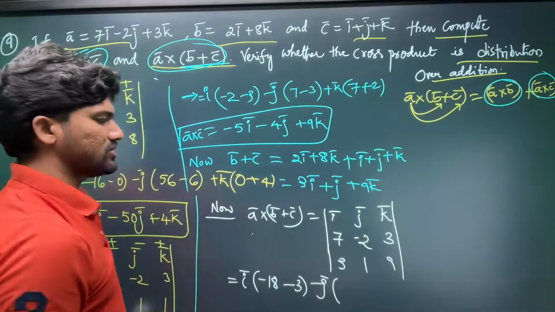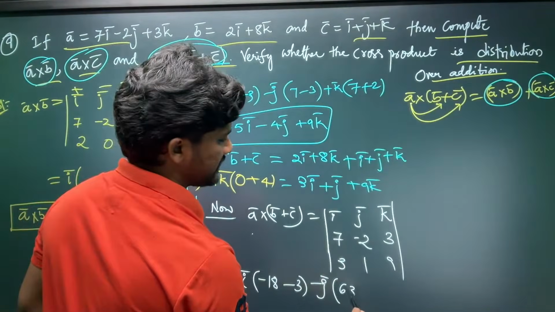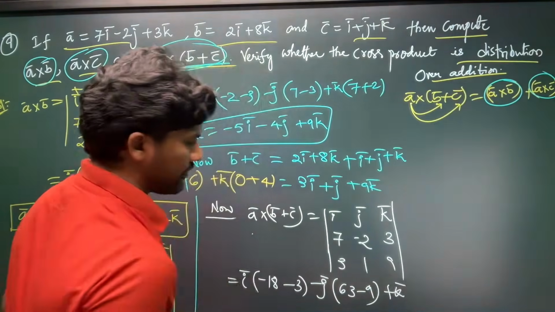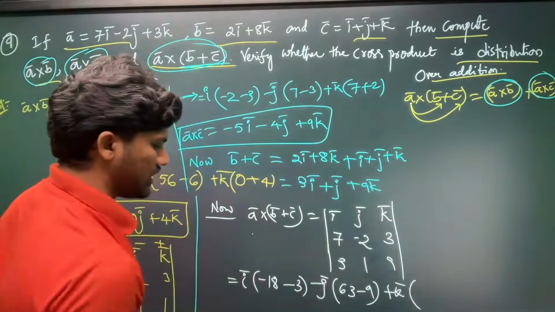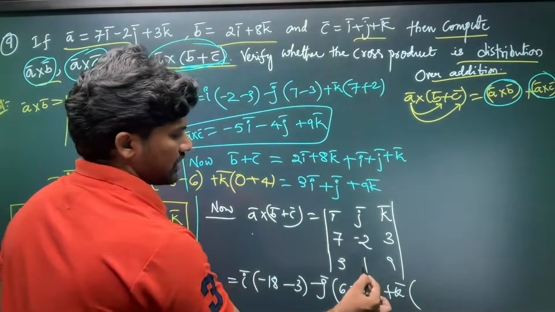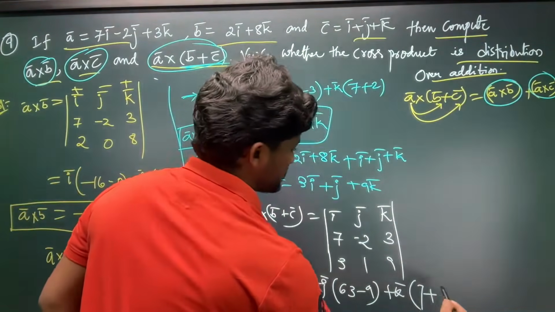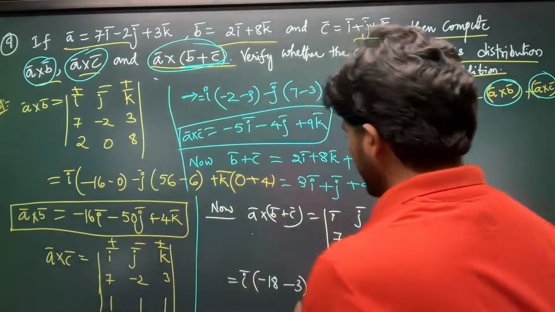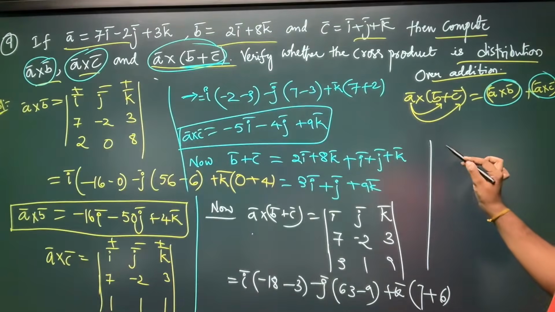Minus J bar, so delete first row, second column: 7 9s are 63 minus 3 3s are 9. Okay, plus K bar into, delete first row, third column: 7 1s are 7, minus into minus 3 to the 6. Okay, clear? So now minus 18 minus 3, how much did we get here?